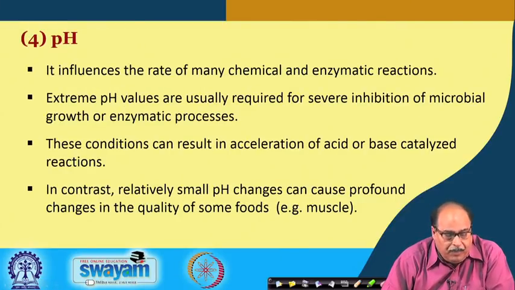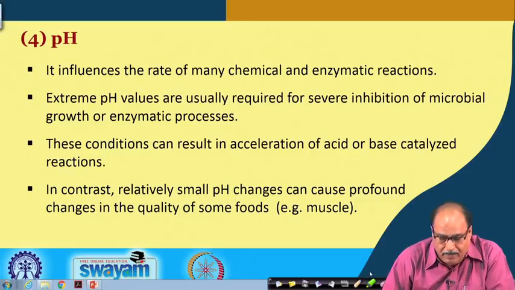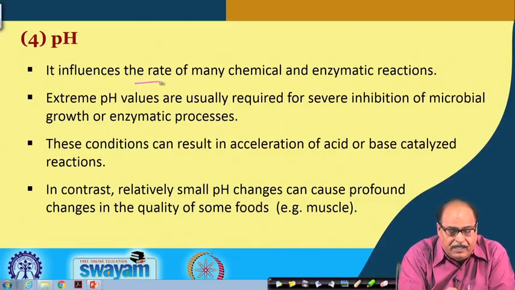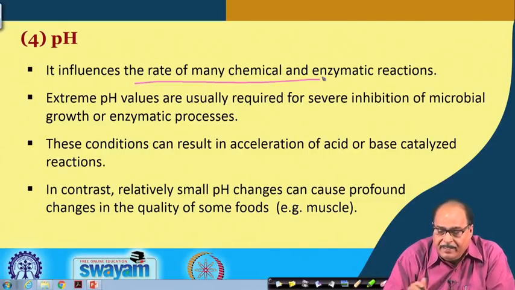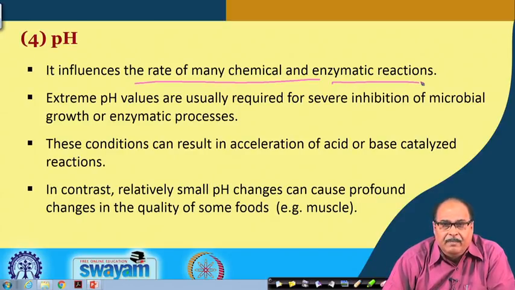The other variable is pH. It influences the rate of many chemical and enzymatic processes. In fact, most enzymes need an optimum pH for their best activity.